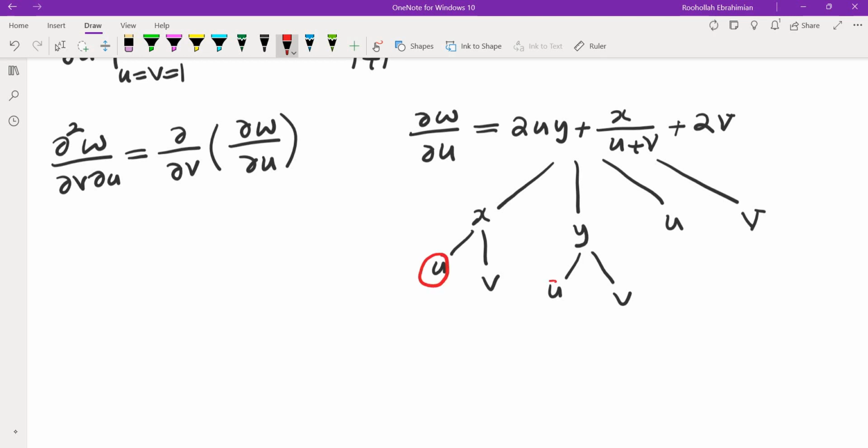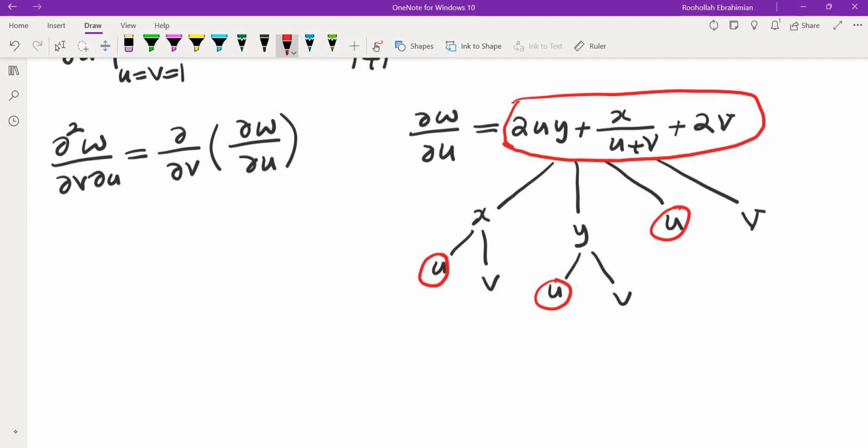So the end must be u, and the start would have to be the function partial of w with respect to u. Although no, they said partial with respect to v, so we'll have to end with v. So this would be the end here.